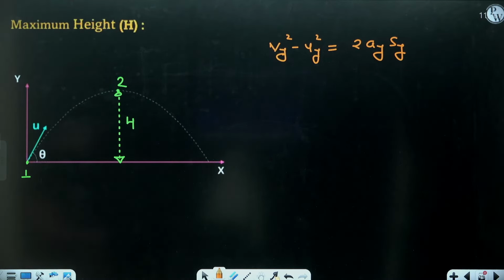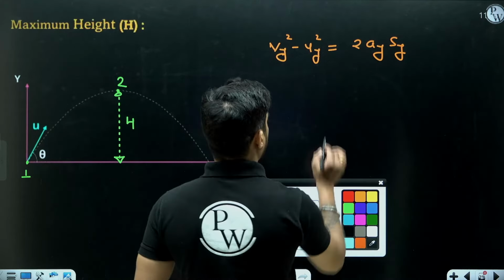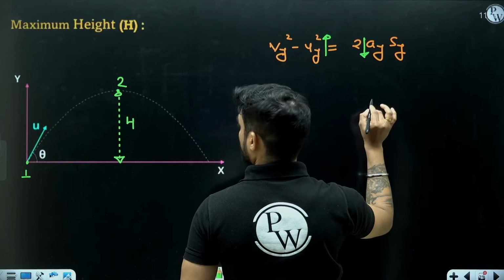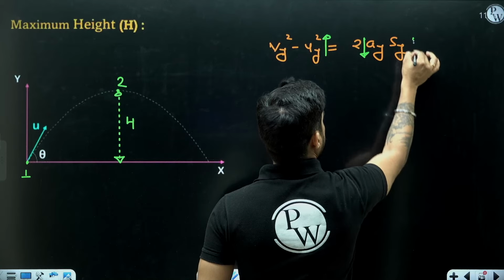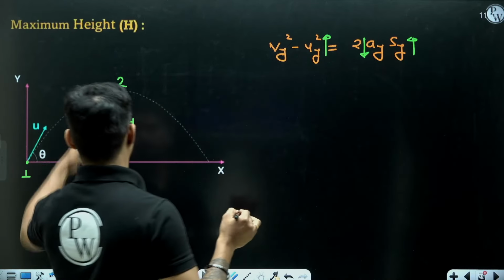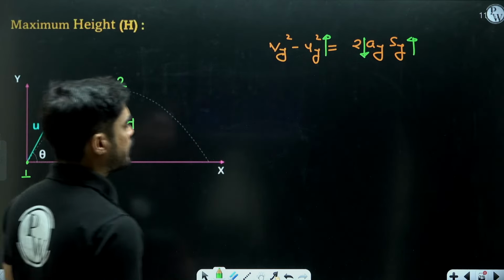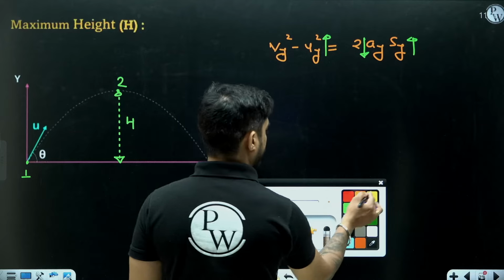Now vy will be 0, uy will be upward, ay is always downward, and sy is upward. From 1 to 2, displacement is upward, it is going up. Now I will consider upward positive, then downward will become negative.